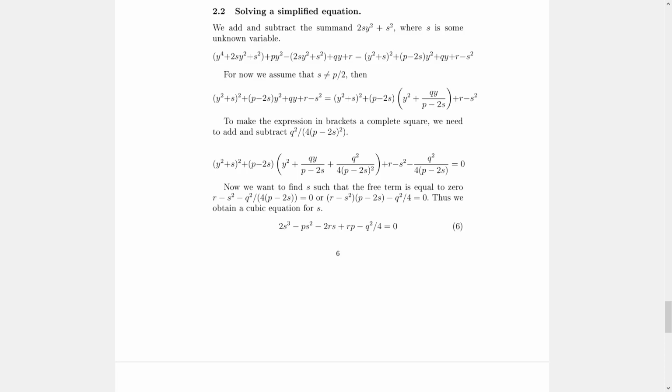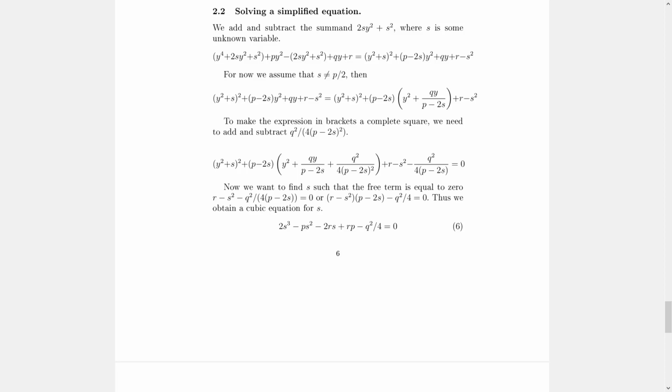We get y to the power 4 plus 2s y squared plus s squared plus p y squared minus our summand 2s y squared plus s squared plus qy plus r, which is equal to, the first three summands being a full square, y squared plus s squared plus p minus 2s multiplied by y squared plus qy plus r minus s squared.